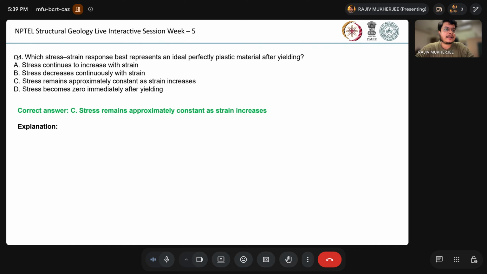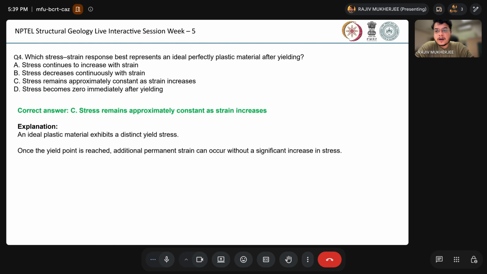And what is the explanation behind this answer? An ideal plastic material exhibits a distinct yield stress. Once the yield point is reached, additional permanent strain can occur without a significant increase in stress.